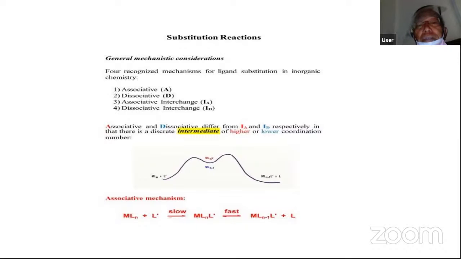If this is very fast, you cannot measure the kinetics, but in the mechanism, you can always consider this step. The mechanism means you can use the mechanism to prove from the kinetics. You have to prove your mechanism using kinetics, using thermodynamics.